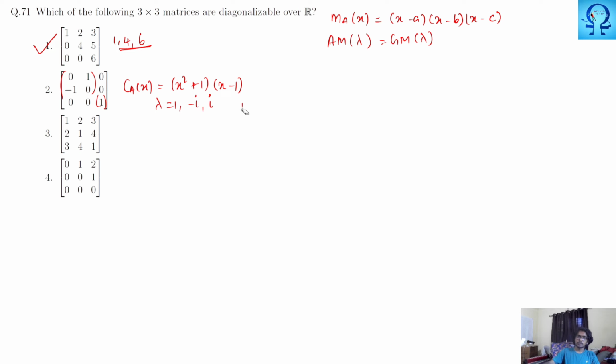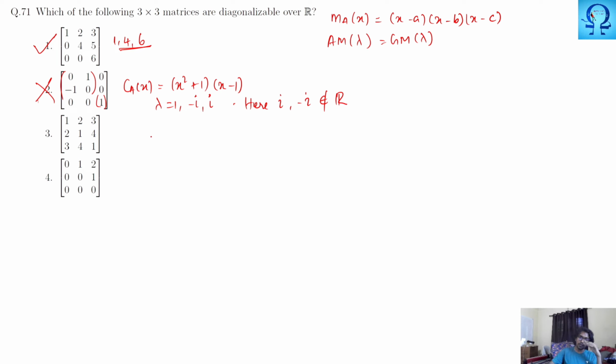Here iota and minus iota do not belong to R. So over R we cannot talk about the diagonalizability of this matrix. If the eigenvalue is not present in the field over which we are talking about diagonalizability, then the matrix cannot be diagonalizable.